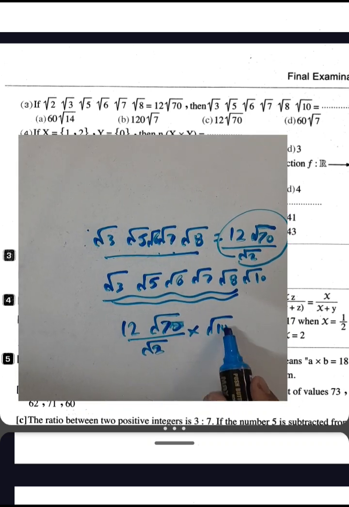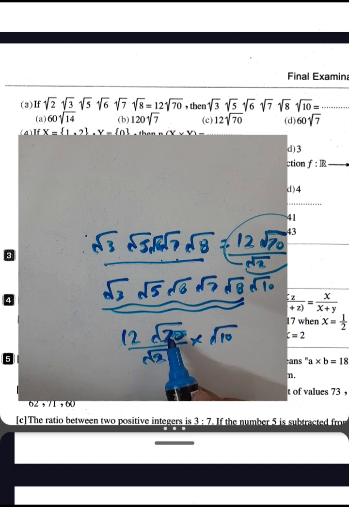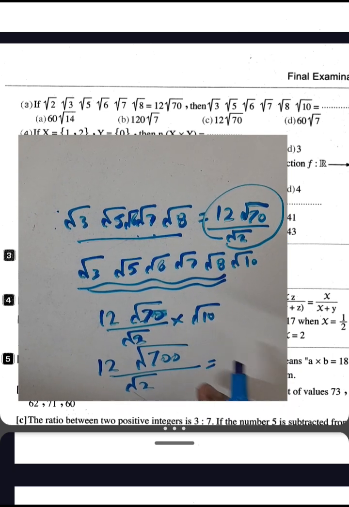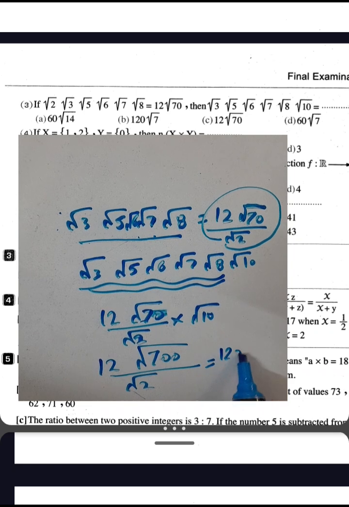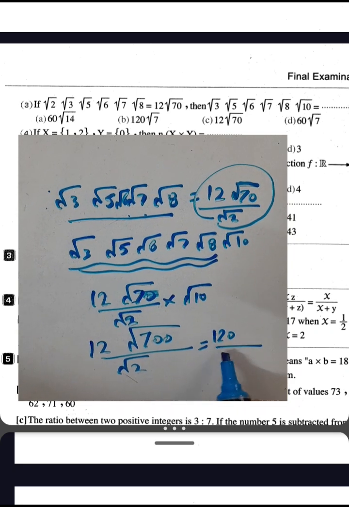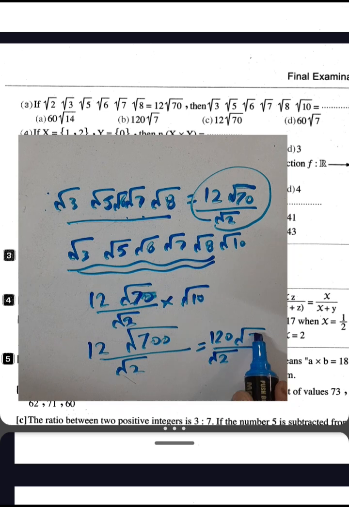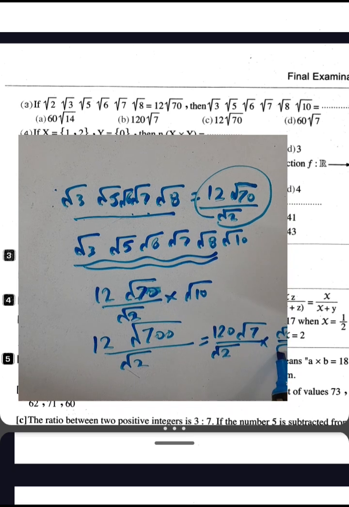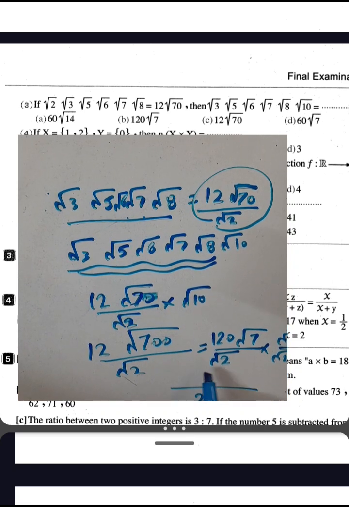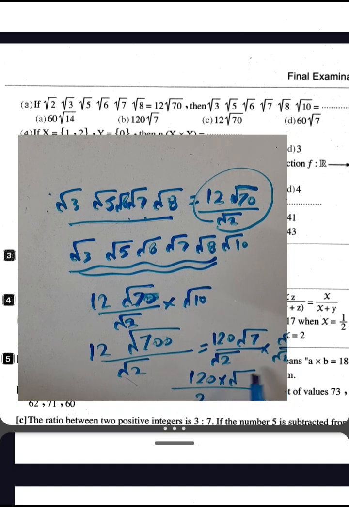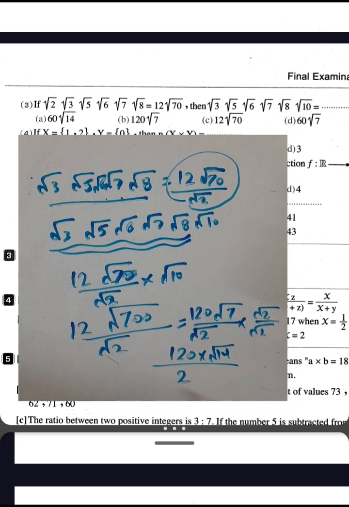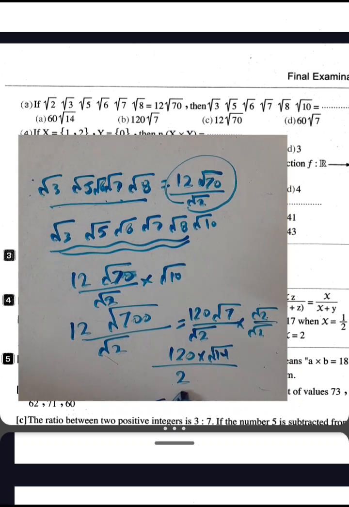And we can write root 10 times root 70 will be root of 700 over root 2. 700, you can write 10 outside, times 12, it will be 120 over root 2, times 7, root 7. And then you can cancel root 2 by times root 2 numerator and denominator, write 2 in numerator, and write 120 times 2 times 7 equal 14. Then the result will be 120 divided by 2, it will be 60 root 30.